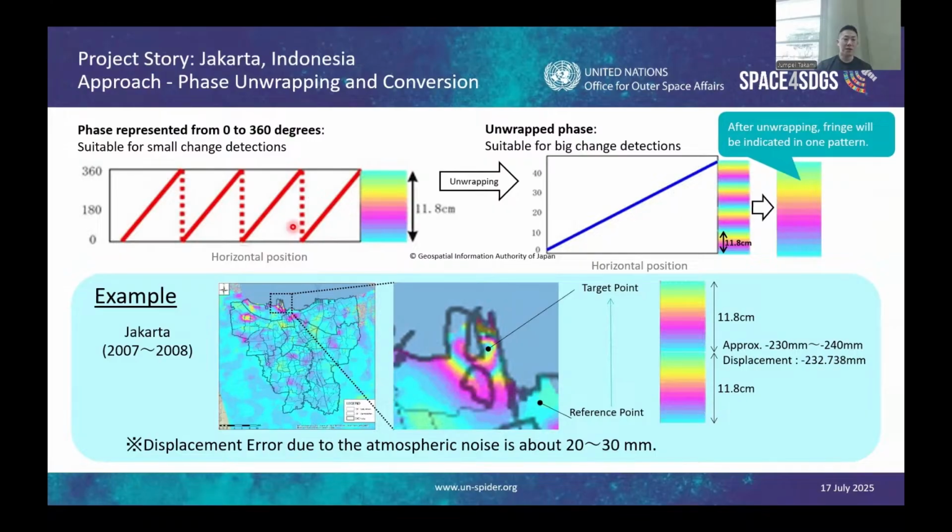Maybe the current one is the wrapped image, so 0 to 360 degrees. And then we are estimating the unwrapped phase. The wavelength of ALOS-2 is 11.8 centimeters. So by calculating the phase information, finally we can get the displacement volume here.